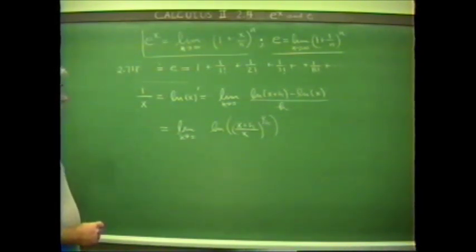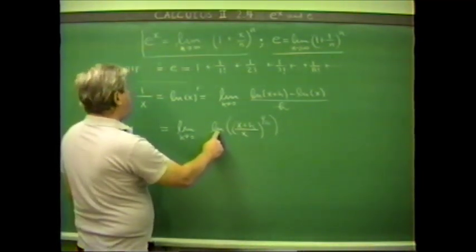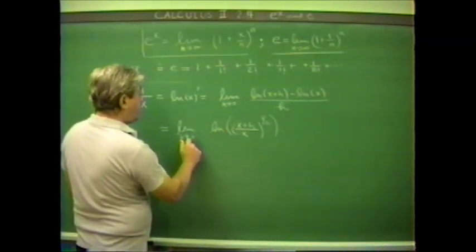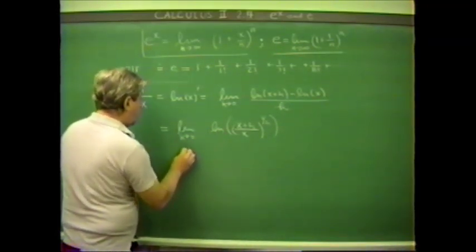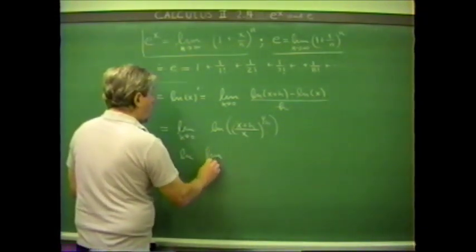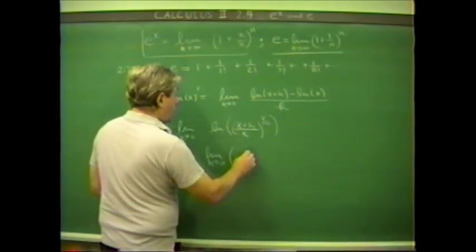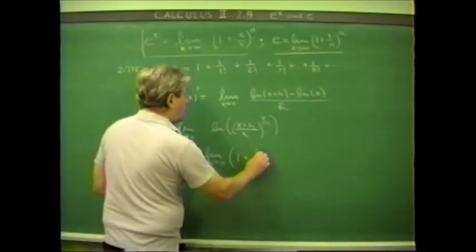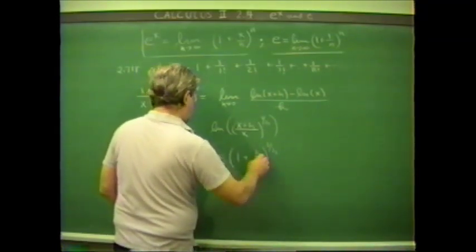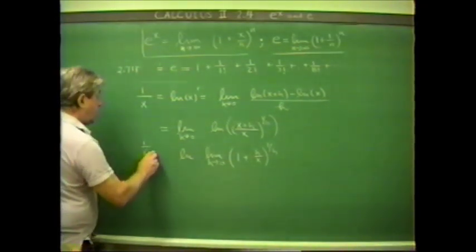So this is this limit right here. And now, since the logarithm is a continuous function, you can bring the limit inside the logarithm. That's to say, interchange the logarithm and the limit. Write this as the logarithm of the limit as h approaches 0. And now we can simplify this a little bit inside here by writing this as (1 plus h over x) to the 1 over h. So we have now 1 over x is equal to this.